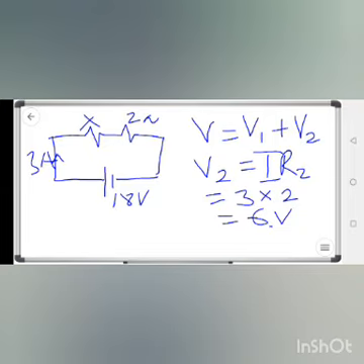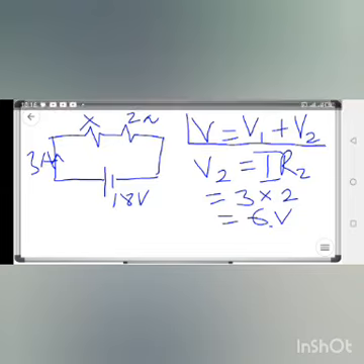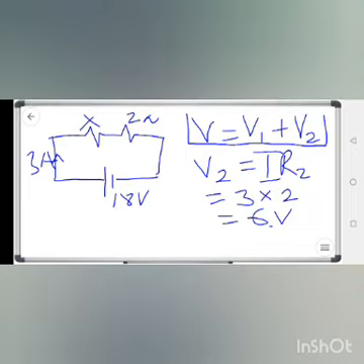Very cool. So total voltage, I'll be using this equation now to complete the question. Total voltage 18 is equal to V1 plus V2, which is 6. So our V1 will be 18 minus 6, and 18 minus 6 is 12.